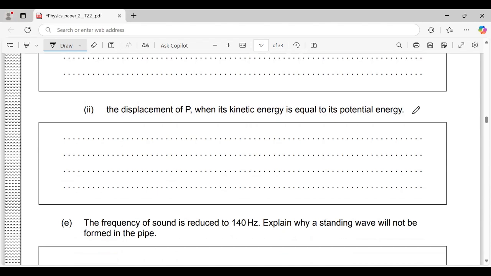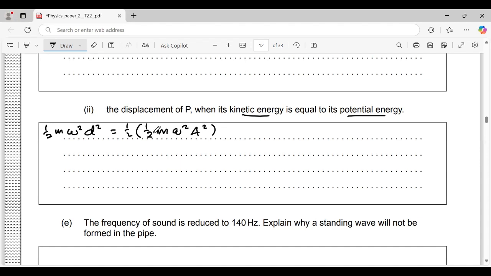At the point when kinetic energy equals potential energy, we can set that half m times omega squared times displacement squared is equal to half m times omega squared times amplitude squared.